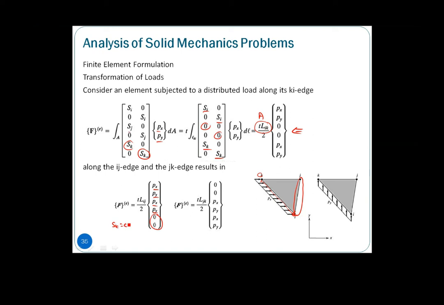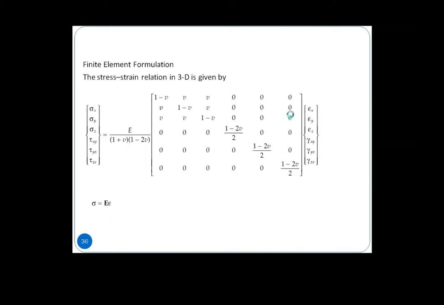If you are in JK, then you have Si equal to 0, Sj equals to 1, Sk equals to 1. Sk equal to Si equals to 1, Sj equals to 1. Similarly with this, Si equals to 1, Sk equals to 1, Sj equals to 0. So that gives us what we have here. All right, so that is two-dimensional.